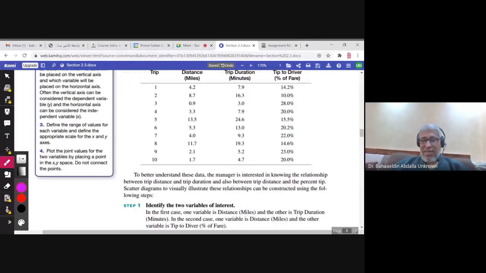To better understand this data, the manager is interested in knowing the relationship between trip distance and trip duration, and also between the distance and the tip. To do that, we will do a scatter diagram for the distance and the duration, and another scatter diagram for the distance and the tip.